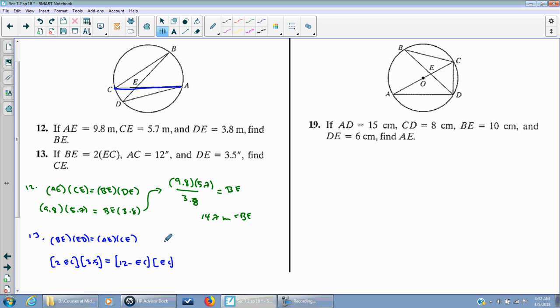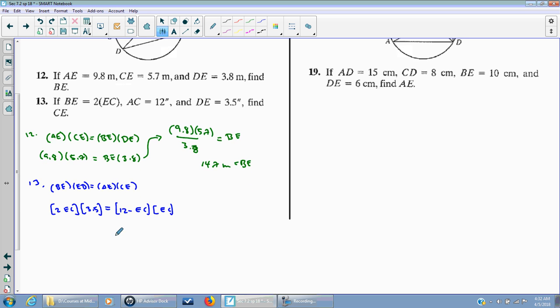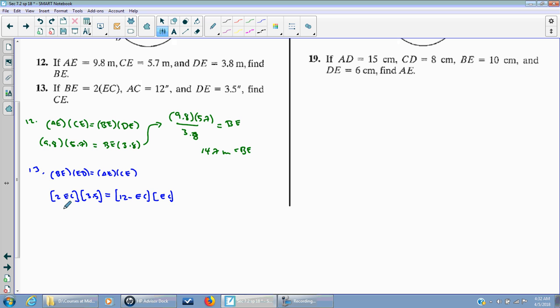So we're going to have a little bit of a quadratic thing to solve here. I've got all my numbers in. So 2 EC times 3.5, this is 7 EC. When I multiply this out on the right side, I have 12 EC minus EC squared.